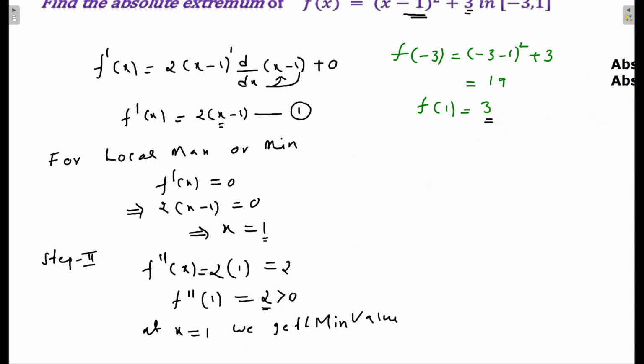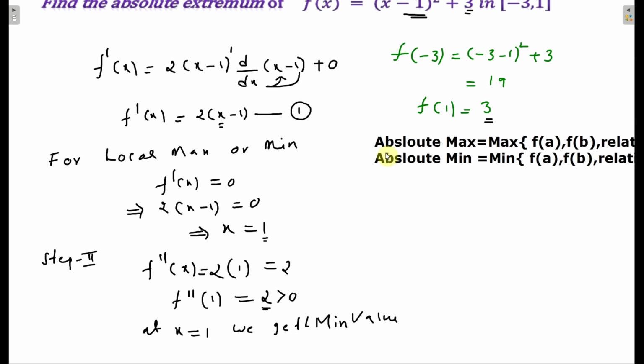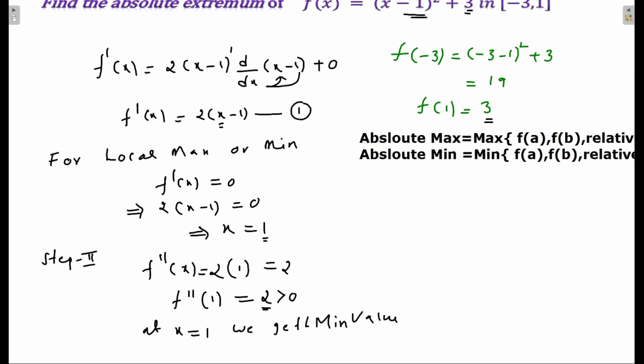Now using this formula, absolute maximum is given by maximum of f of a is 19, f of b is 3, and here we did not get any relative maximum, so only we have to take these two values. So the answer is 19 here.